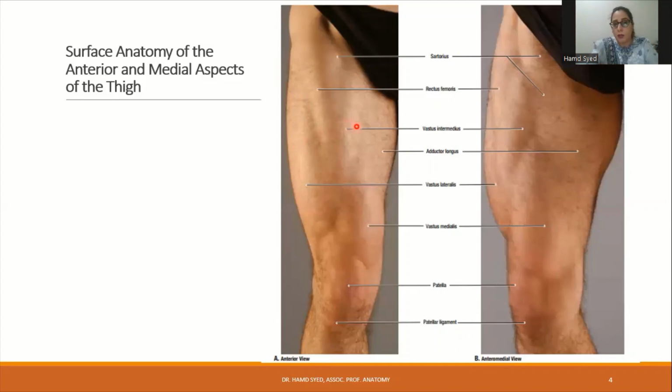Now, if we come over here on the medial side of the rectus femoris, just beneath it, this is the location where you can see the laser pointer of the vastus intermedius muscle. And then here is the medial compartment of the thigh, where you can see this represents the adductor longus.